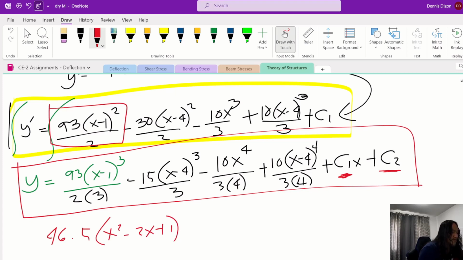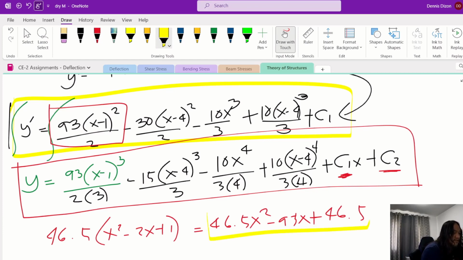So that is our first term. Distribute: this is 46.5x squared minus 93x plus 46.5. So this is our first term.